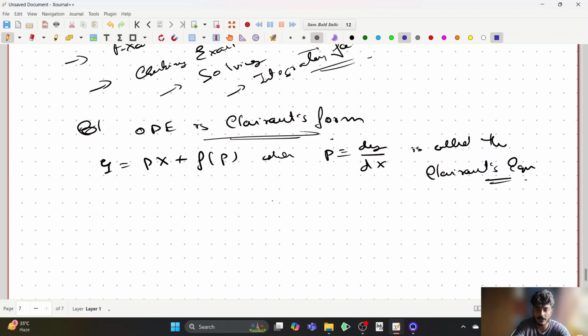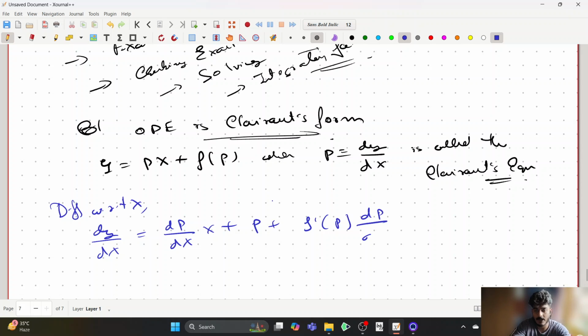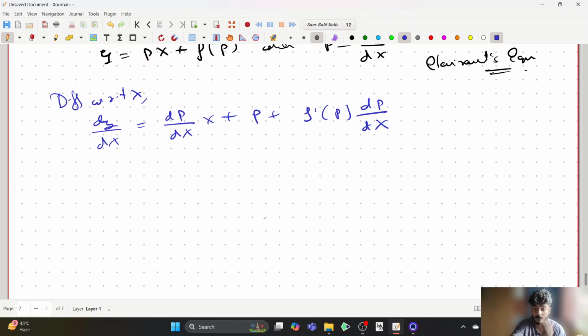If I differentiate with respect to x, what do I get? I get dy/dx = (dp/dx)·x + p + f′(p)·dp/dx. Right, simple chain rule on the rightmost element.